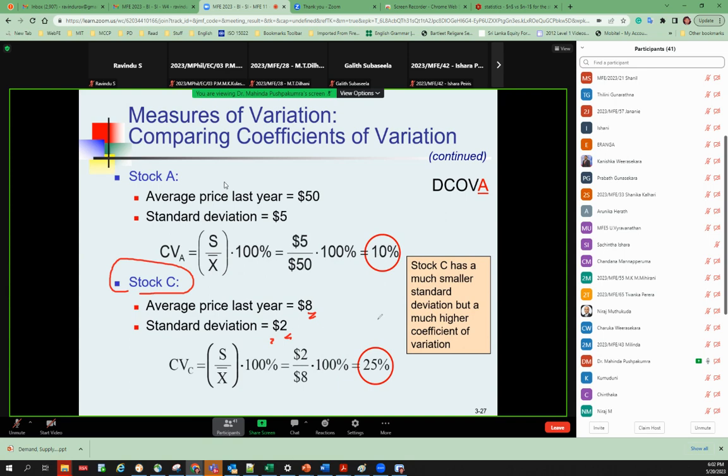This is 25%. This is the way to interpret measures of variation.